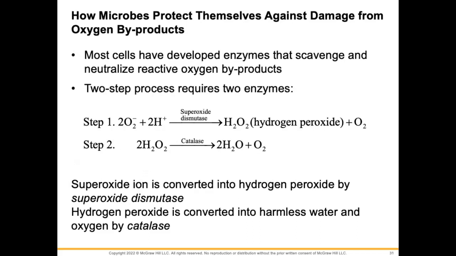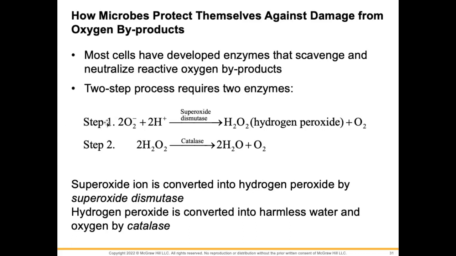So how microbes protect themselves against those byproducts. Most cells have developed enzymes that scavenge and neutralize reactive oxygen products. In other words, these cells have adapted to find a way to utilize or neutralize the byproducts.